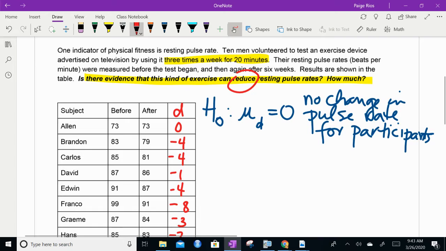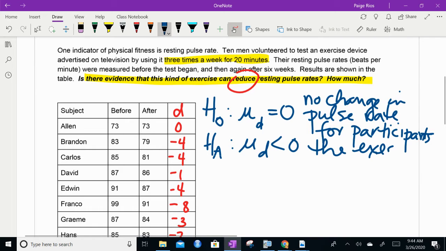With that in mind, I'm going to go ahead and write my alternative as mu D less than 0. Okay. The exercise reduces pulse rate. Okay, so once I've done that, I've done the P and the H of phantom.